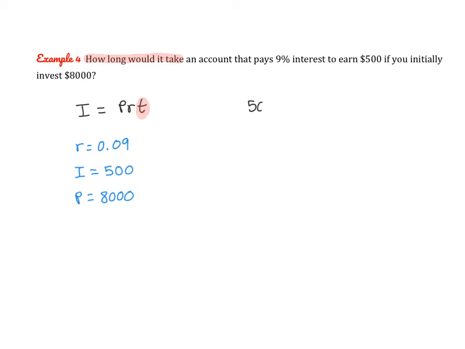So 500 equals 8,000 times 0.09 times T. So now we just need to solve for T. So you can start by doing 8,000 times 0.09, so we get 500 equals 720T.